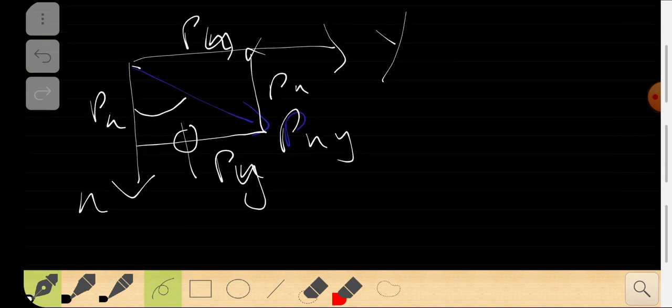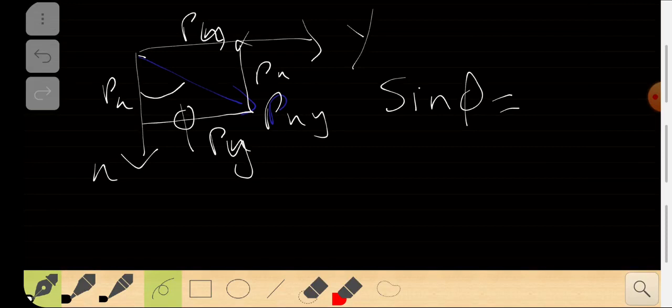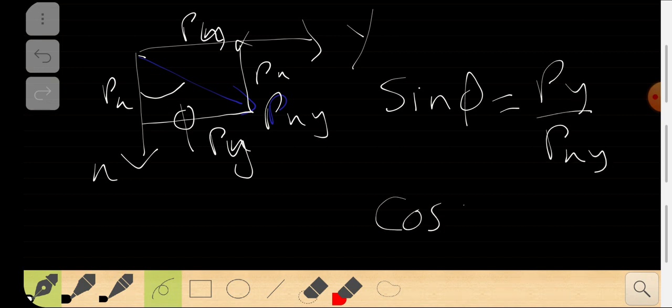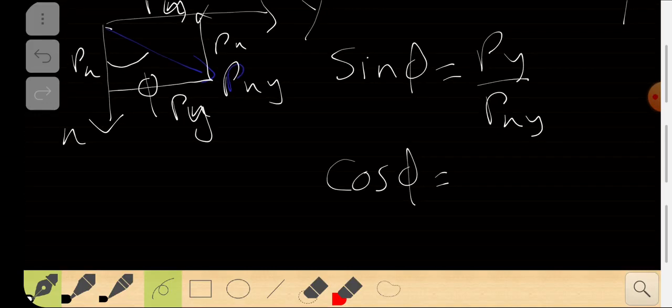Now if you take the sine of phi, you get the opposite, which is py, by p of xy. Similarly, cos phi gives p of x by p of xy.